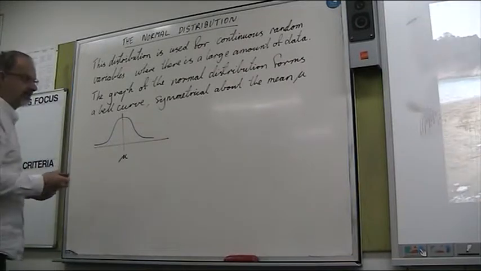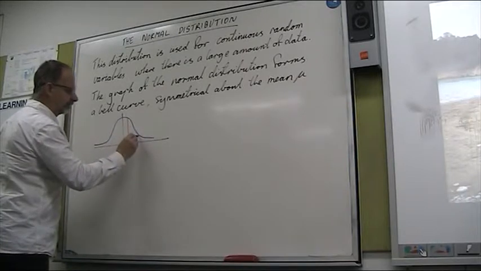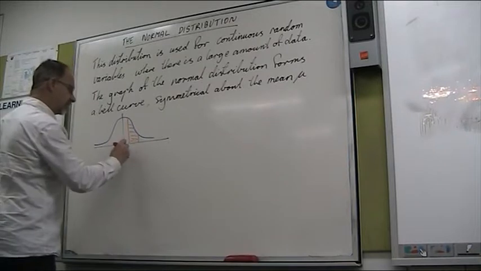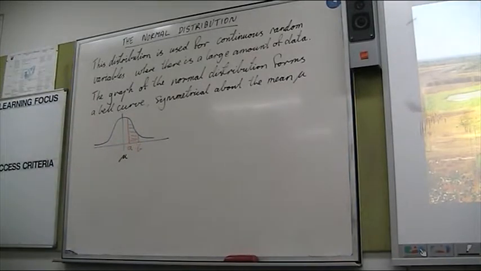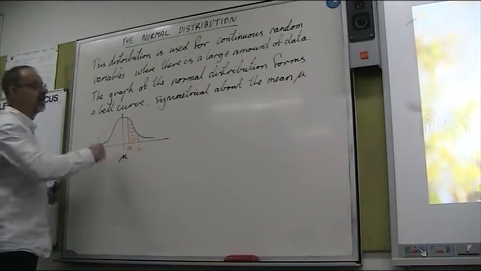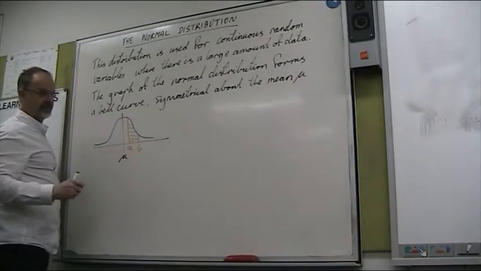Now, if I want to work out an area in between there, I can. So between 2 points A and B, I can work out that area, and then what that area represents is the probability of something occurring in between those values.